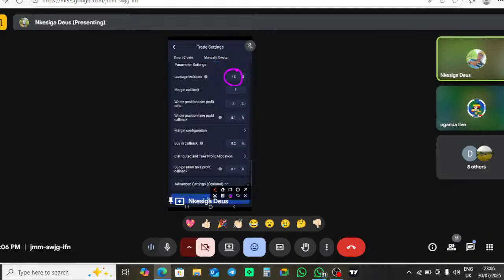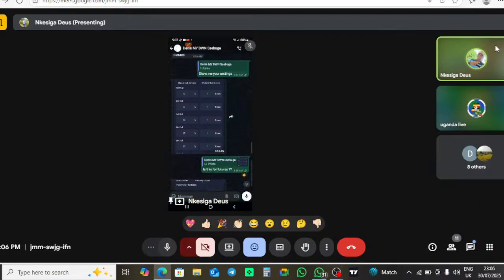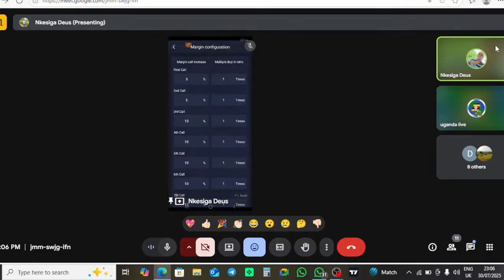From today, I want you to understand that when you are trading futures and you have 15x, 10x, or 5x, it will affect the coin drop. If you say your drop is 5% here, it means 5 times 15. Are you seeing where your problem is? That is where the problem is.